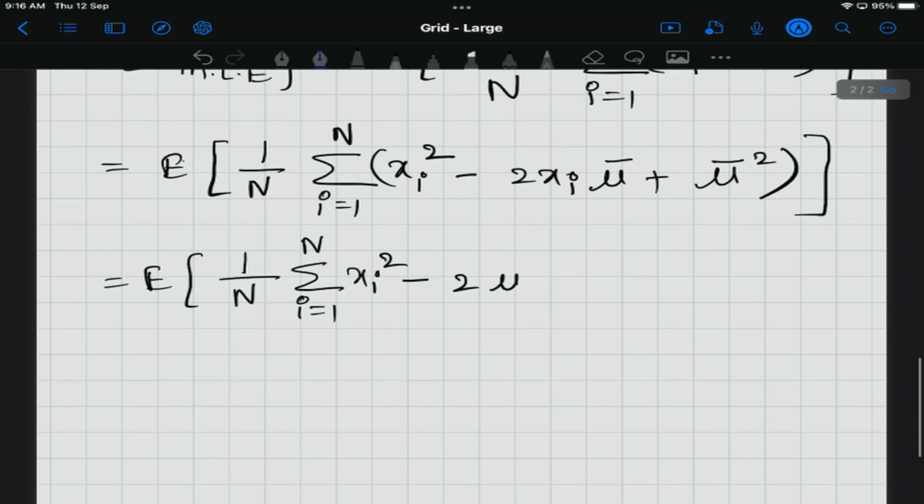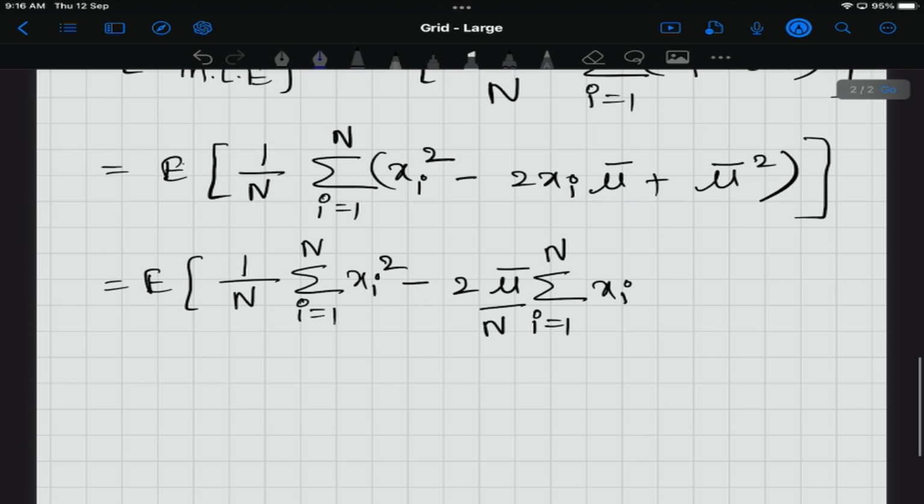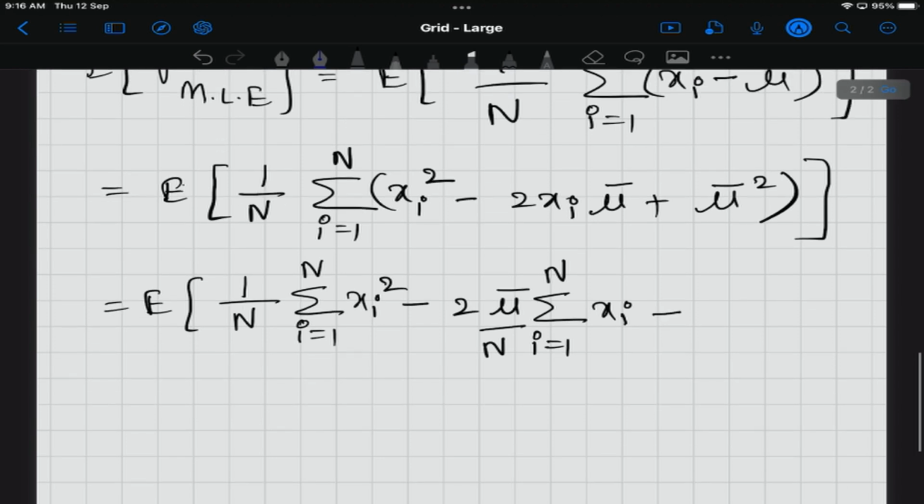Then here my mu hat is independent of my summation, xi, plus 1 by n into summation.